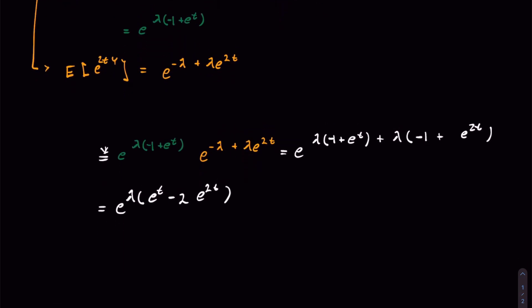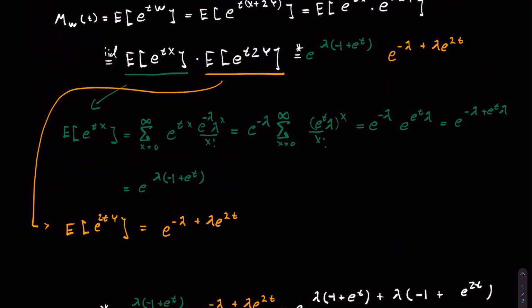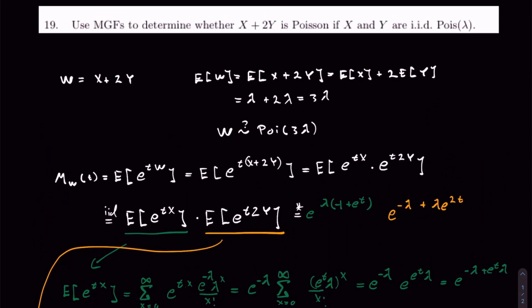And we notice now, we will ask whether this expression equals the Poisson MGF for 3 lambda.